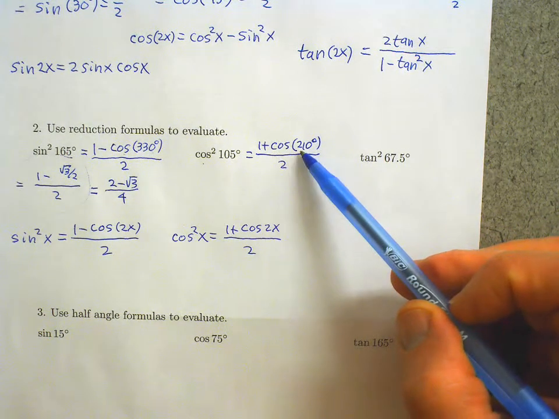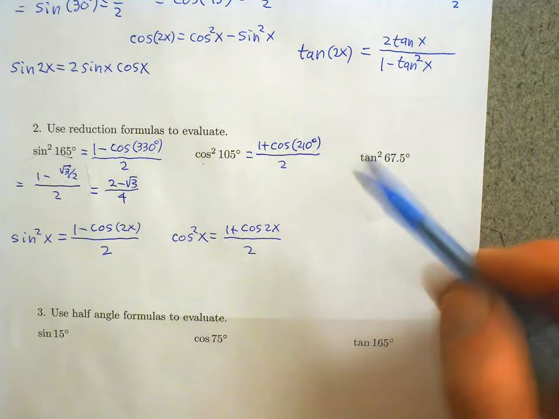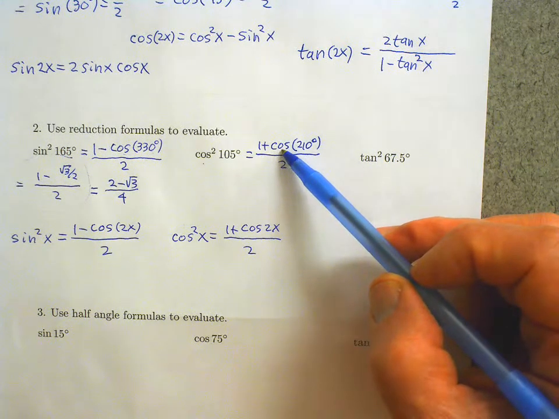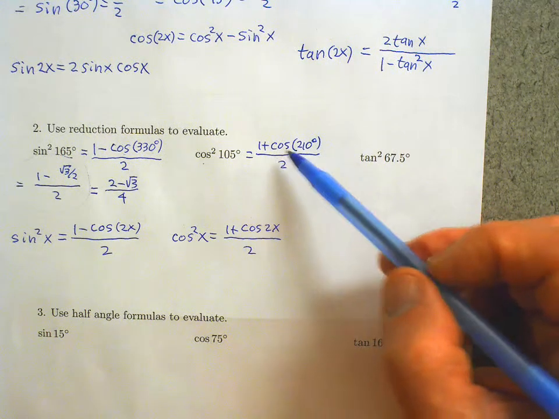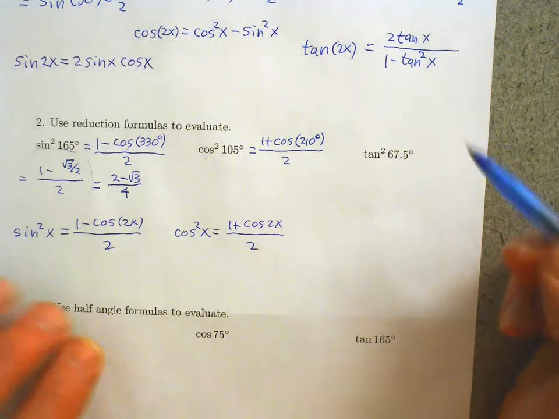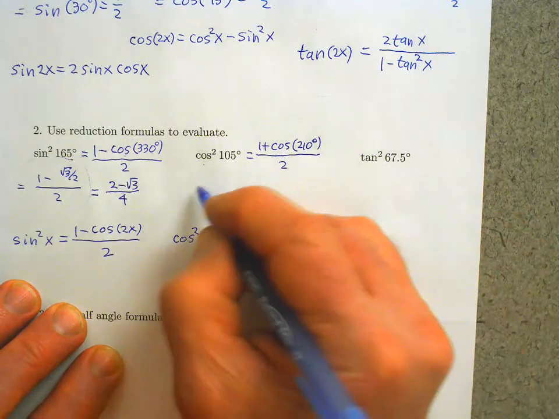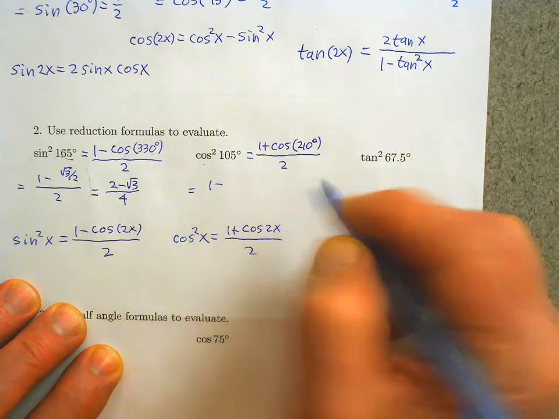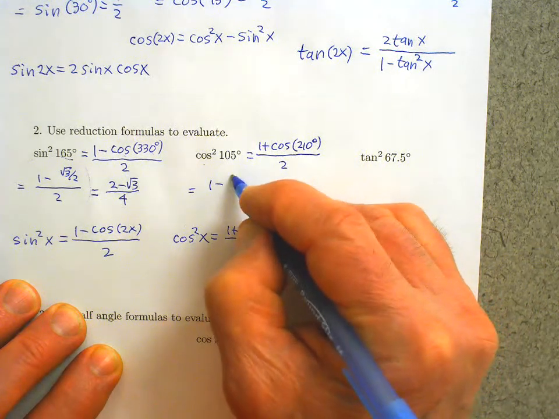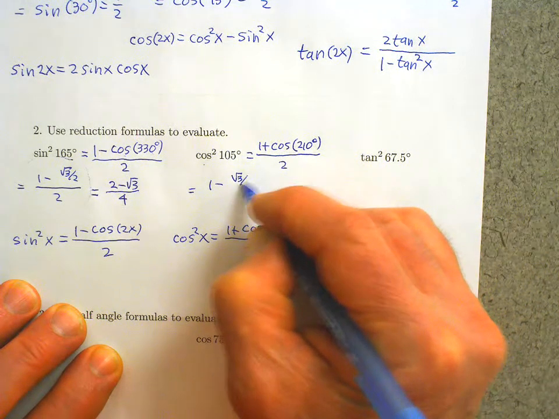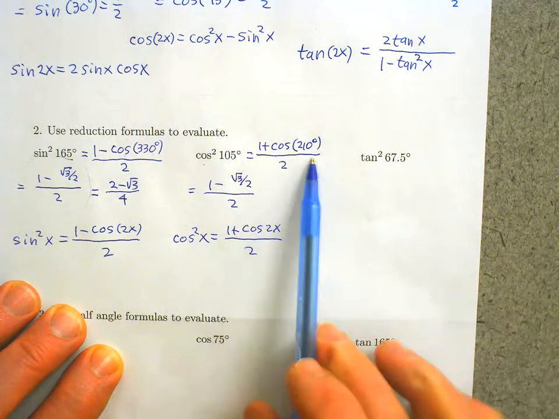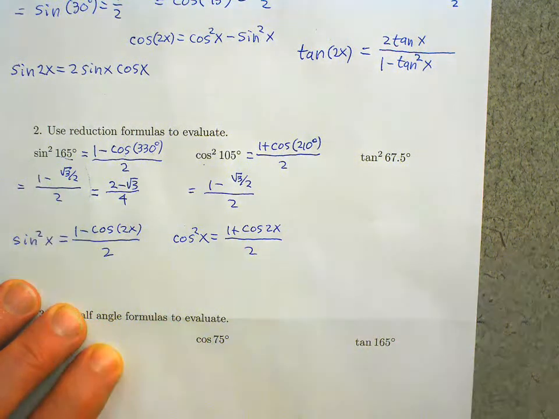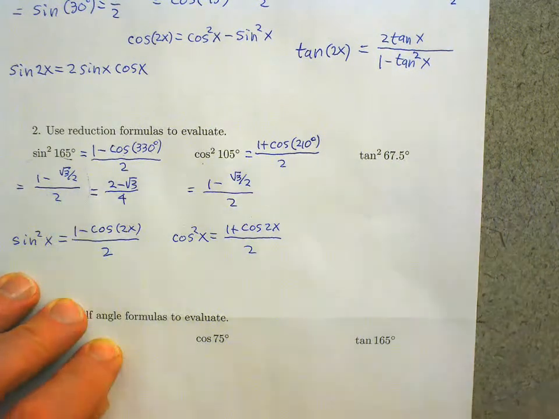Cosine is negative in the third quadrant. So cosine of 210 degrees is the negative of cosine of 30 degrees. So this is 1 minus the square root of 3 over 2, over 2. This turns out to be the same number as the previous example.